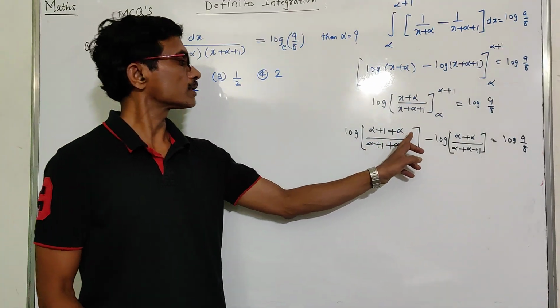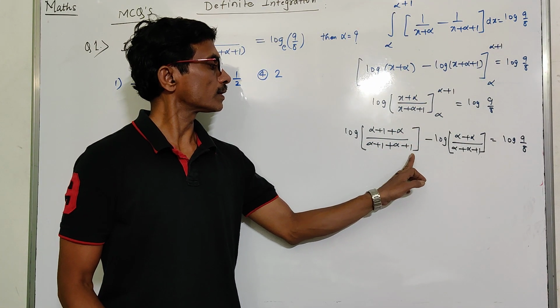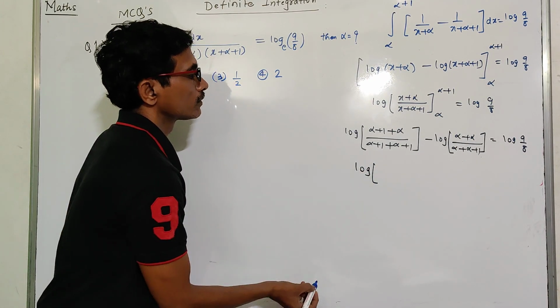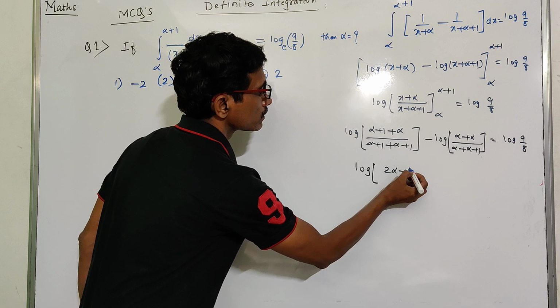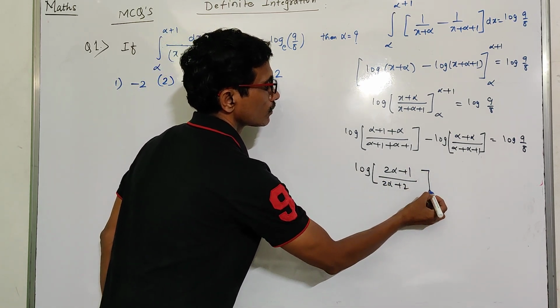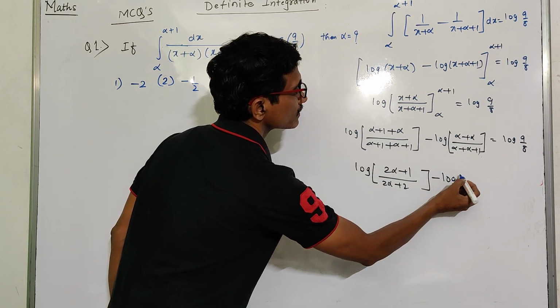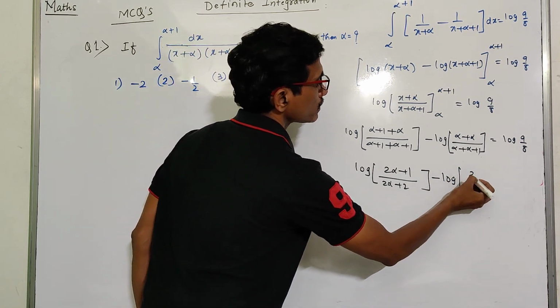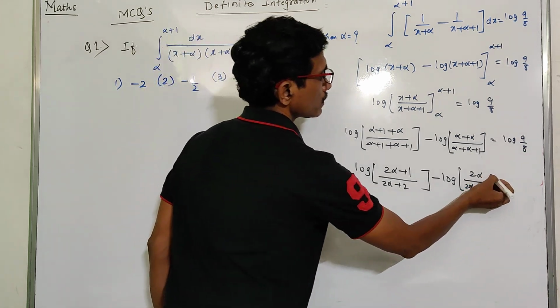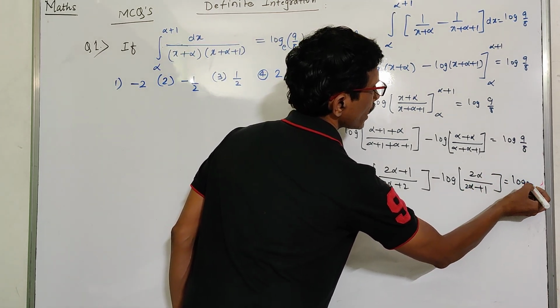Here it is 2 alpha plus 1, and this is 2 alpha plus 2. Log of 2 alpha plus 1, and here 2 alpha plus 2, minus log of 2 alpha plus 1, is equal to log of 9 by 8.